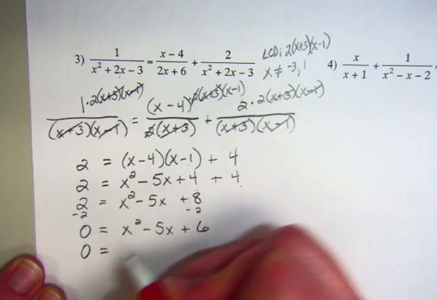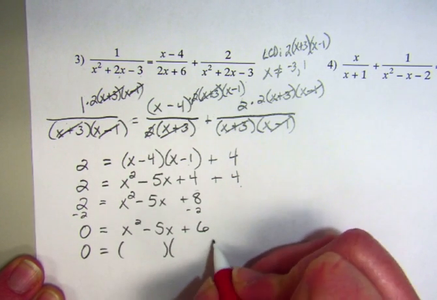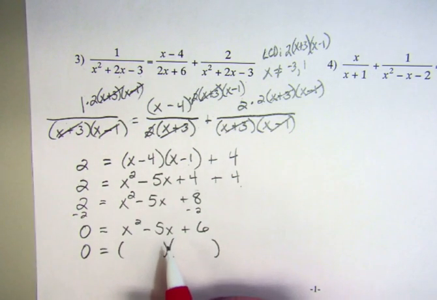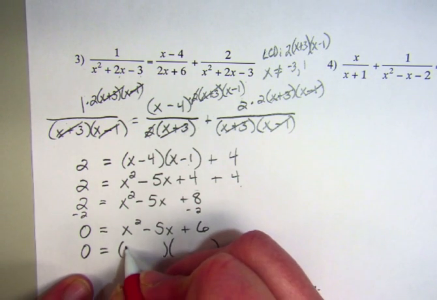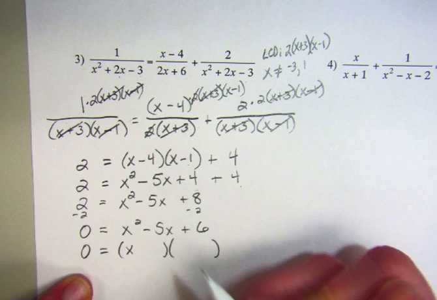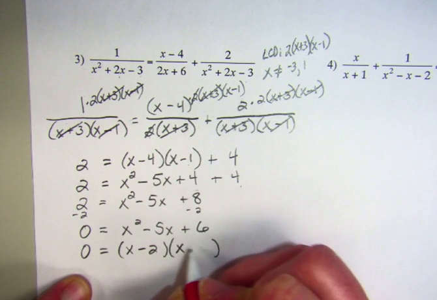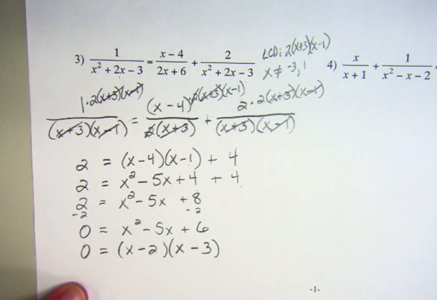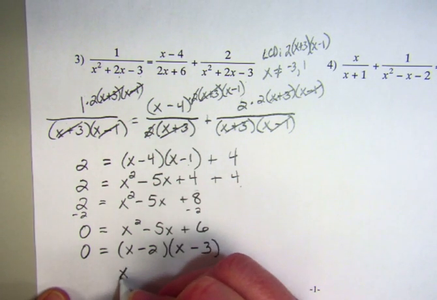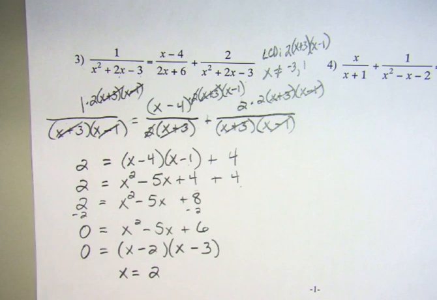I know you've had enough factoring. And I believe that's the same as we had on number 1, and that's going to be x minus 2 and x minus 3.